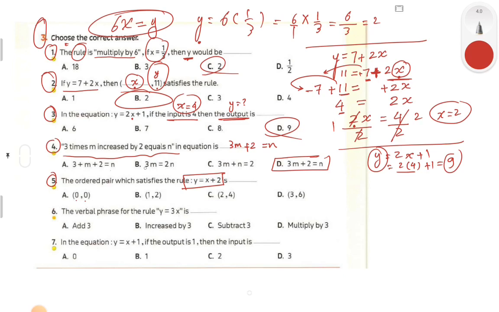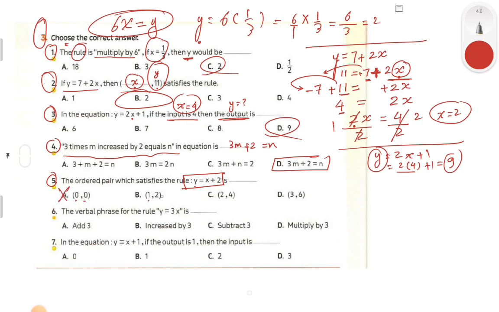Put x in the equation. Substitute x equals 0. If I get y equals 0, this pair is correct. If y not equal to 0, it's false. Put x equals 0. 0 plus 2 equals 2, so y will be 2. Y here is 0. It's false.